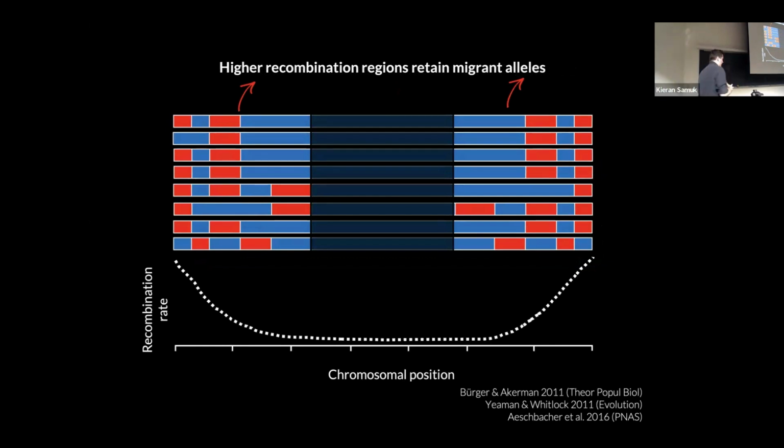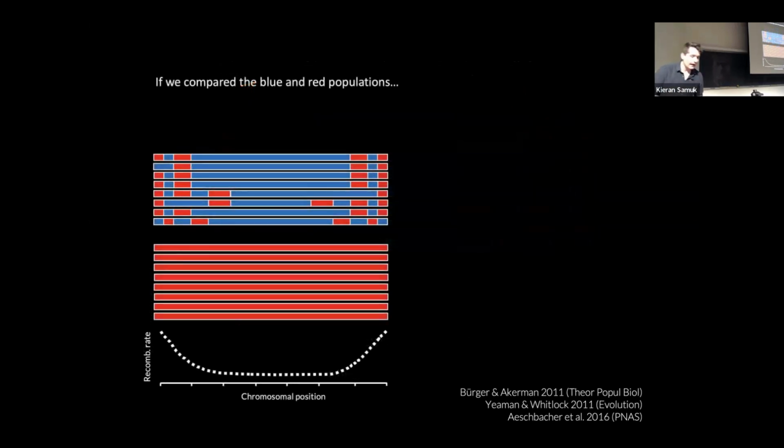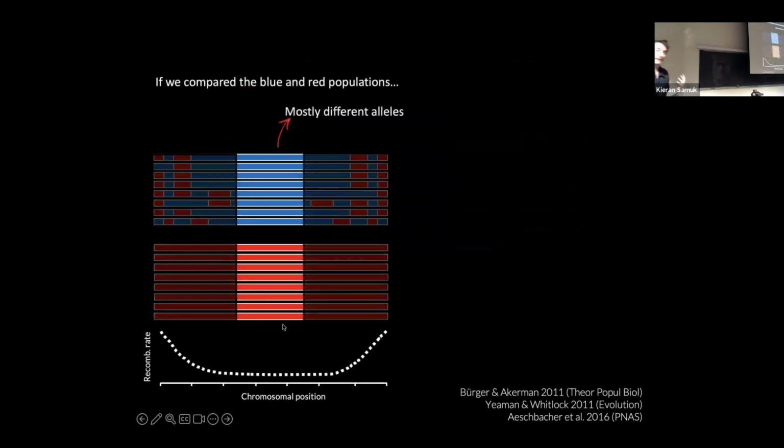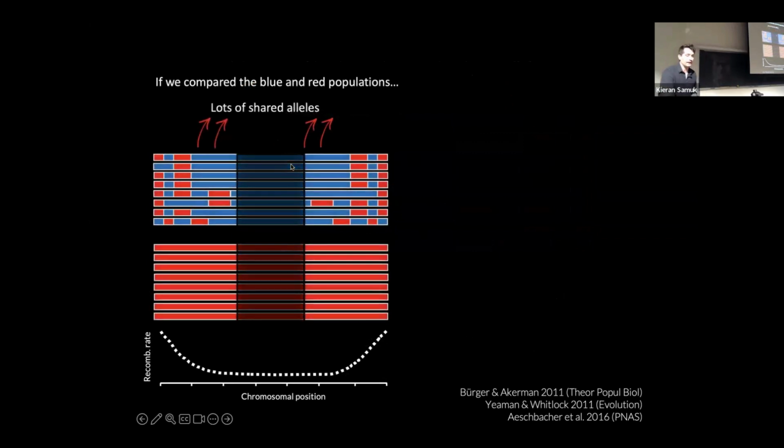So what this is setting up is a relationship between the efficacy of selection at purging migrant variation. If we then compare, for example, genetic differences between our blue and red populations, what we would expect, if this model is correct, is that in the center there should be mostly different alleles, and there should be a lot more sharing of alleles at the periphery of the chromosome.